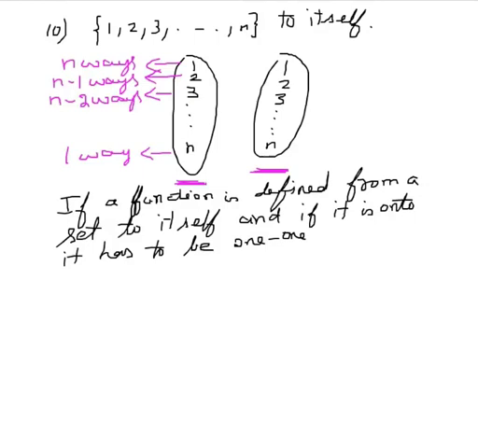We did this in example 13 and 14. Similarly, if it is 1-1, it has to be an onto function. Therefore, number of onto functions will be same as number of 1-1 functions. That is nothing but the permutation of these n elements. So it will be n into n minus 1 into n minus 2 up to 1, which is n factorial.